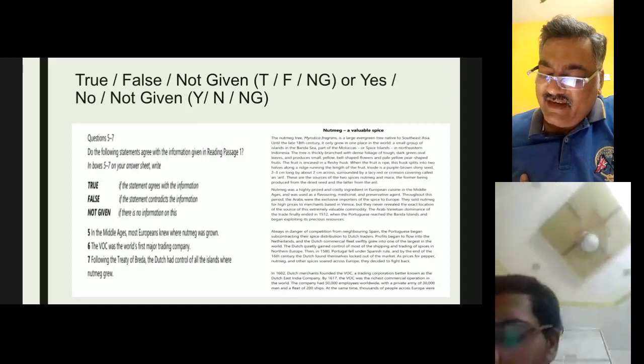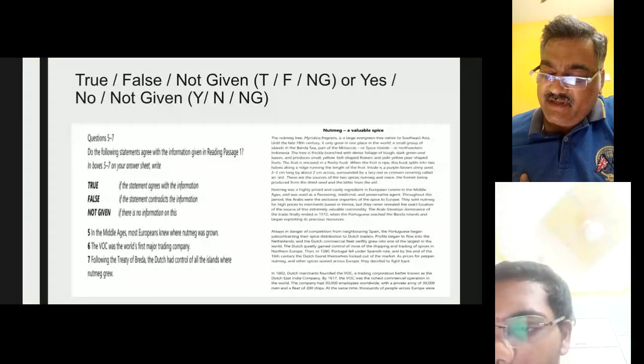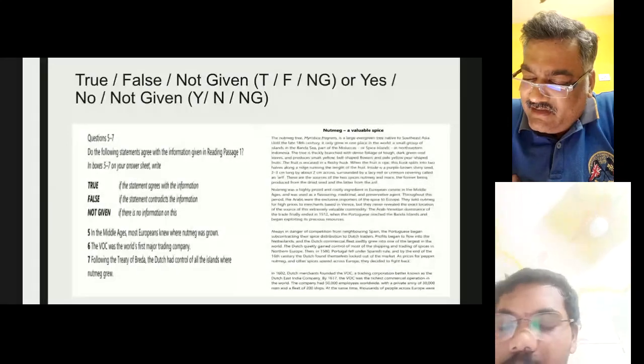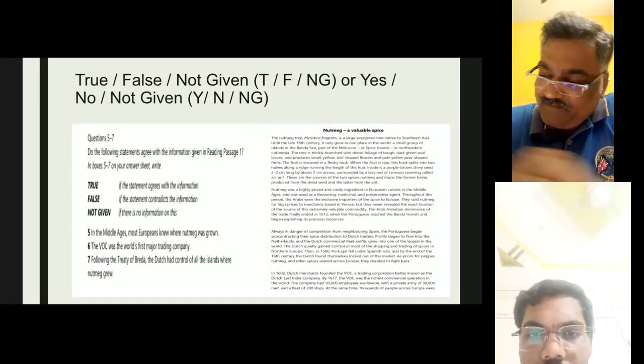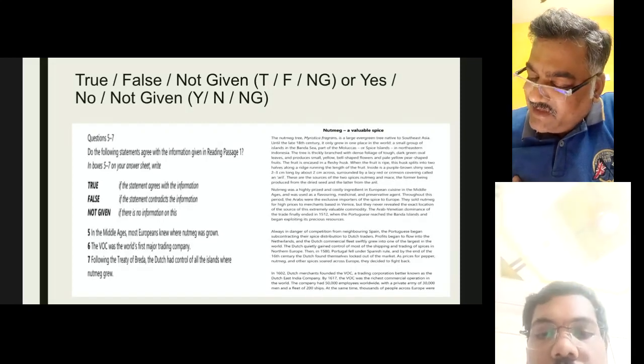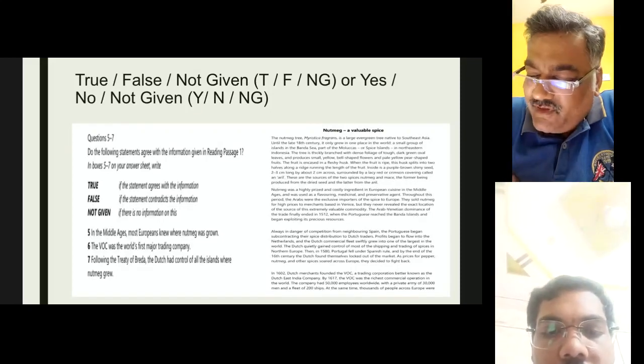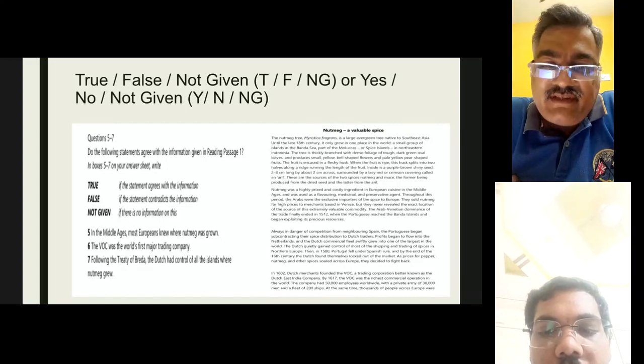They never revealed. So most Europeans didn't know. Correct. It is false. My mistake. I read something else. It is false. Most Europeans never knew where this nutmeg was grown.